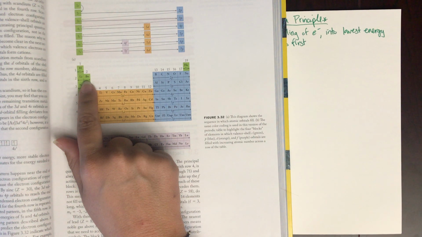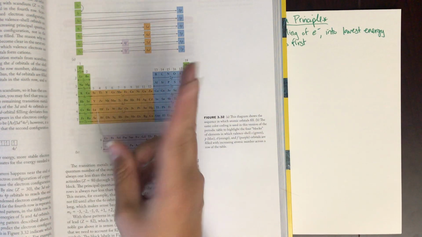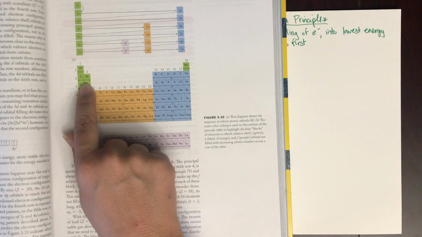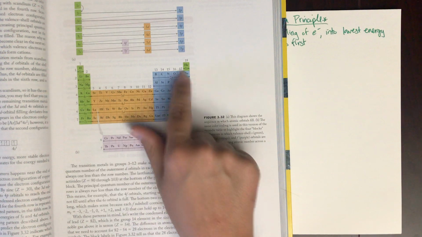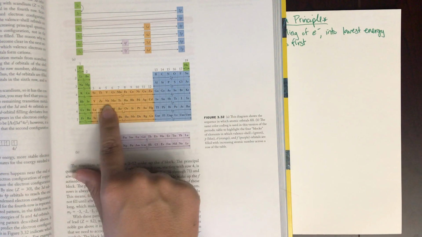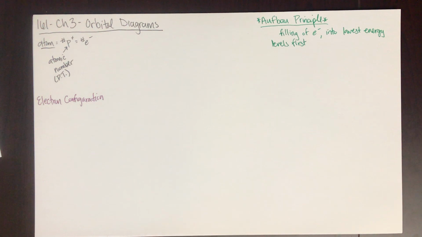Remember from our quantum numbers, m sub s can be plus 1/2 and minus 1/2, spinning in opposite directions. So those 2 electrons can go in each space. So for s, you're going to see 1 line but 2 electrons. For p, 3 lines but 6 electrons. For d, 5 lines for 10 electrons.